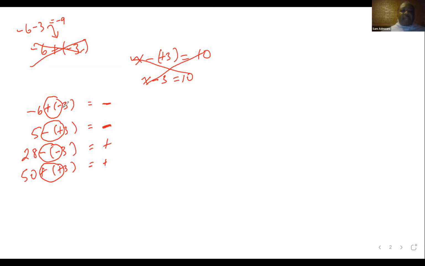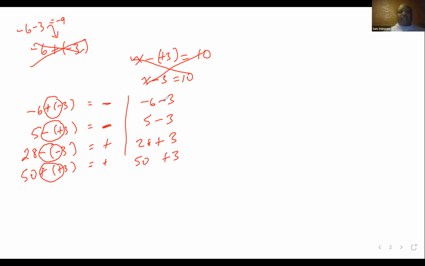So a plus and a minus will make this -6 minus 3. A minus and a plus will make this 5 minus 3. A minus and a minus will make this 28 plus 3. And a plus and a plus obviously will give us 50 plus 3.